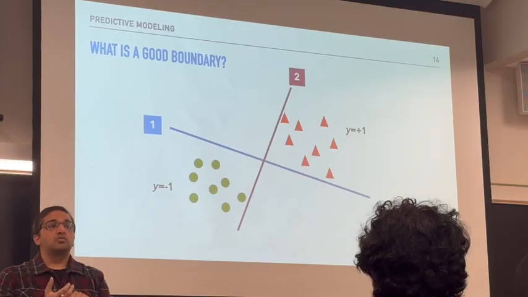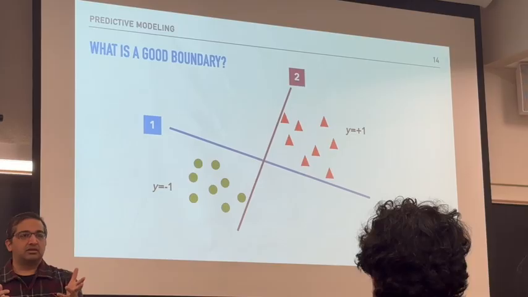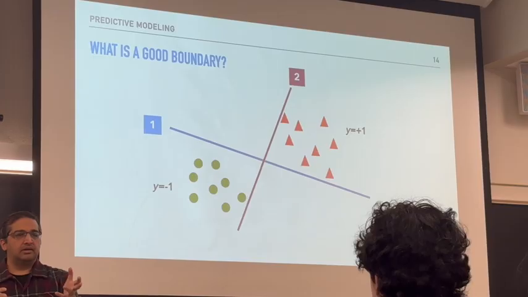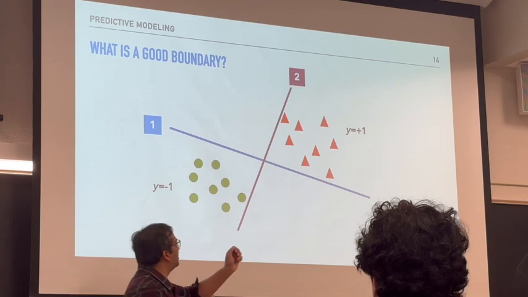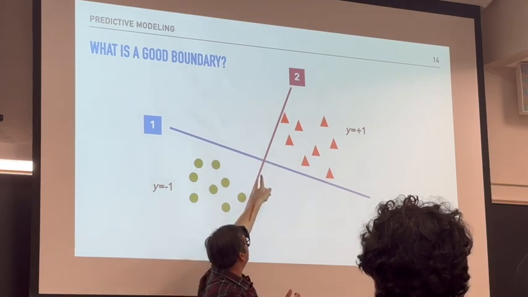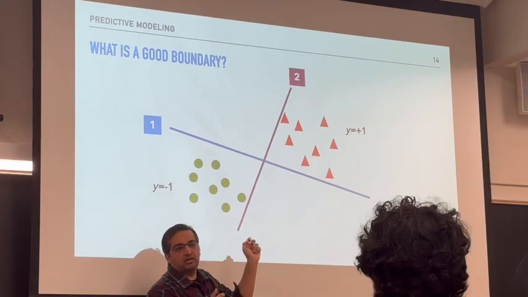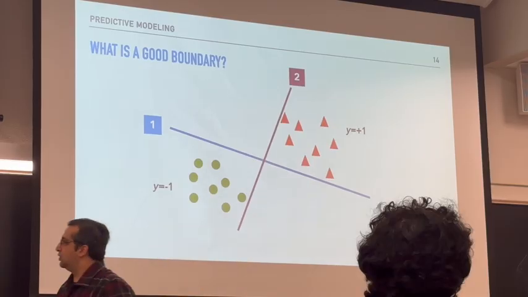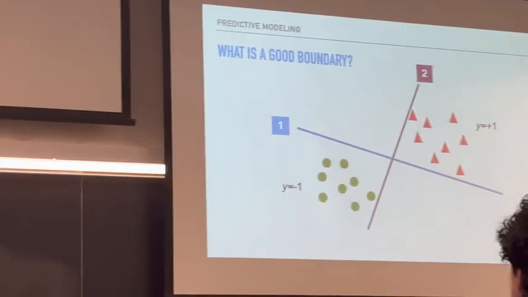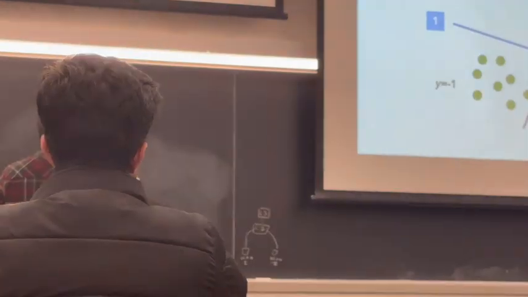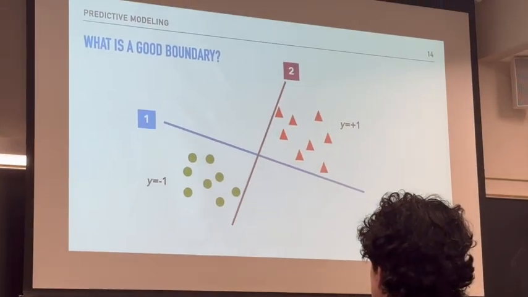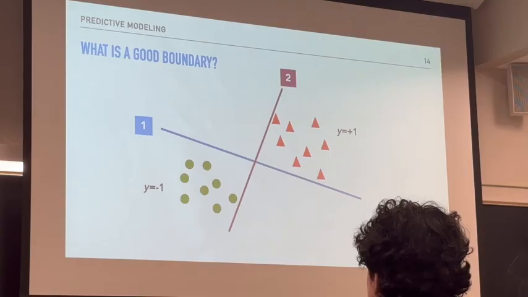Right. So is there an implicit assumption that we are making here? How do you know the new point will come here and not over here? There are positives and negatives here, and we are saying this is the best possible boundary. What if the negatives look like this, but the sampling process has given me this?